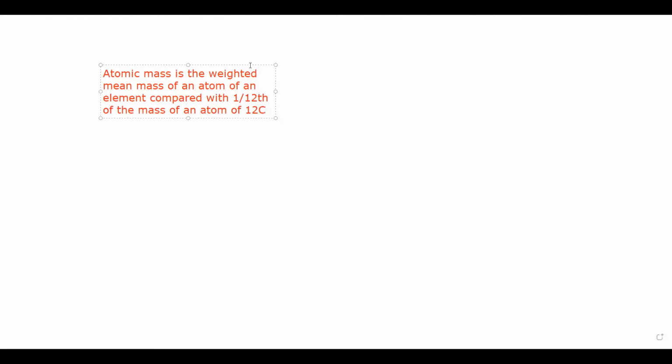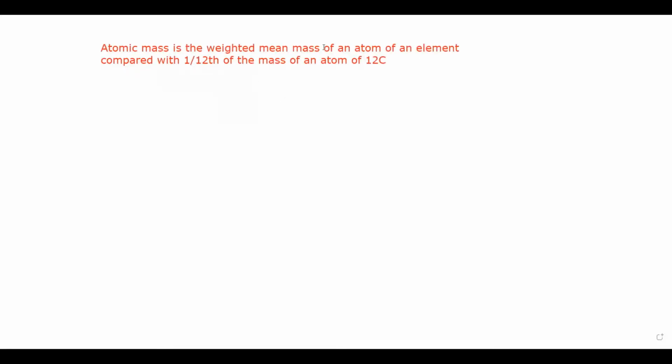So we need to make sure that we are saying weighted mean mass of an atom of an element for the mark there. It's the weighted mean mass because it takes into account all our different isotopes. And then to get the other mark for the definition, you would need to say compared with 1/12 of the mass of an atom of carbon-12, as everything is on this carbon-12 scale.